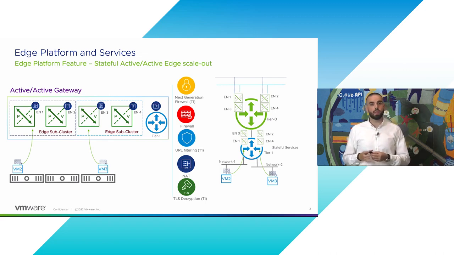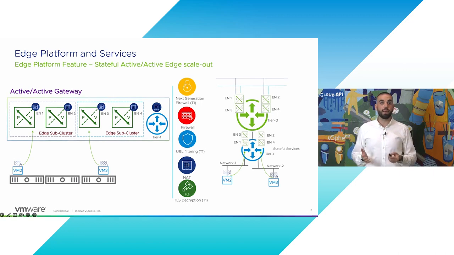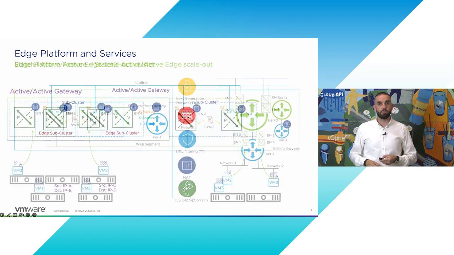An important element is that each two edges of your edge cluster will form an edge subcluster. Edge subcluster is a key element in the traffic forwarding and how stateful services are executed on top of your edge cluster. Now let's see why edge subcluster is important for traffic forwarding and for stateful active edge scale out.